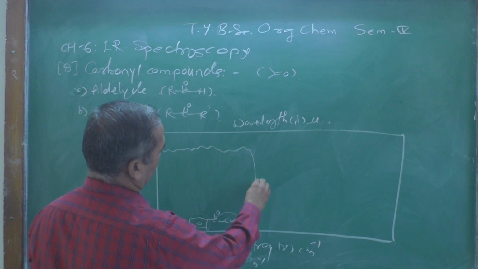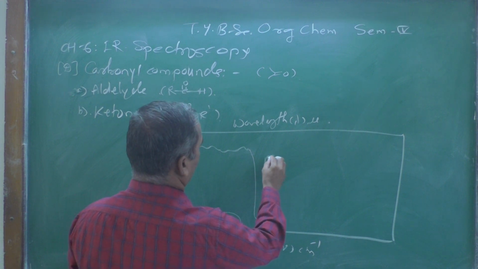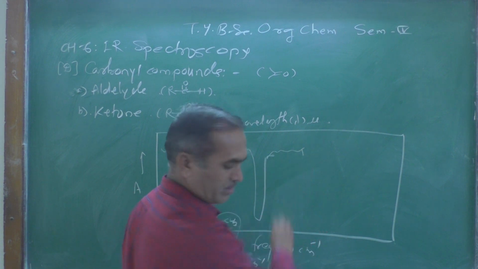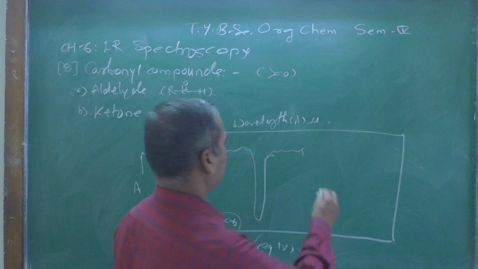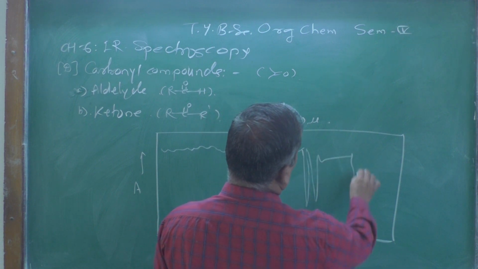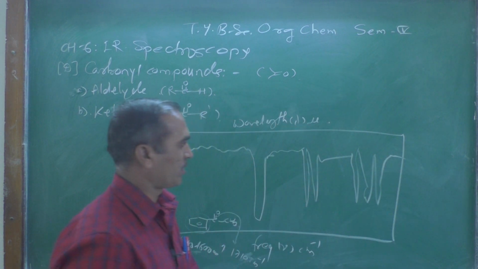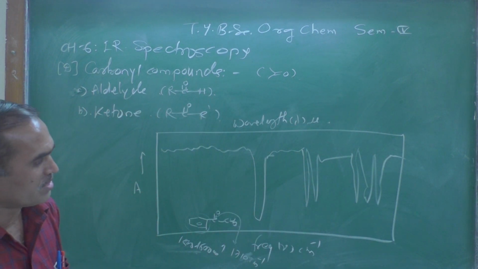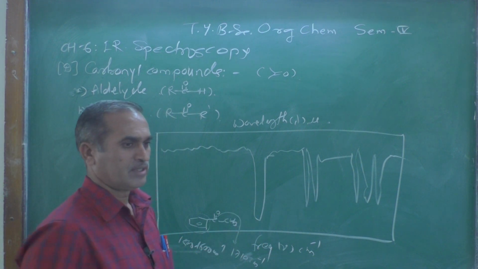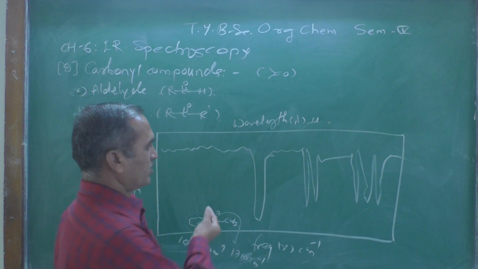Generally you can see one peak around here. This type of peaks is observed in the aromatic region. If you observe this spectrum carefully, there is one strong and recognizable peak.